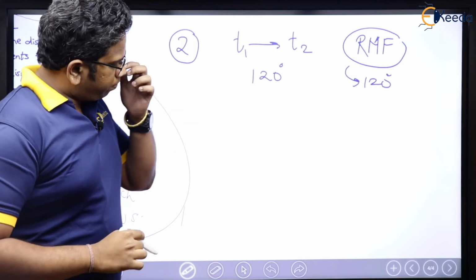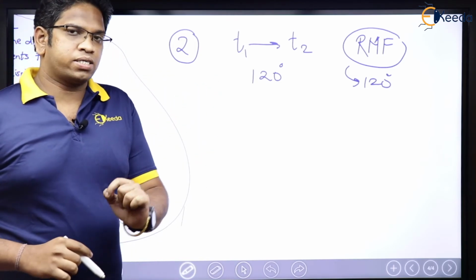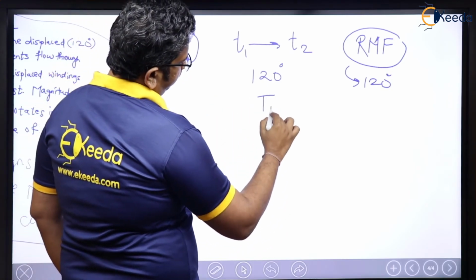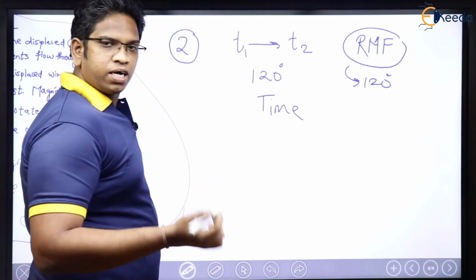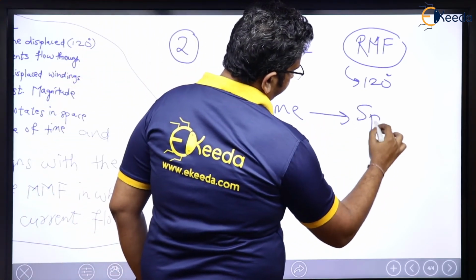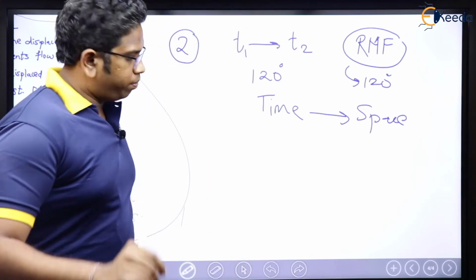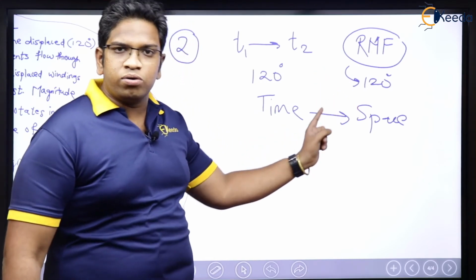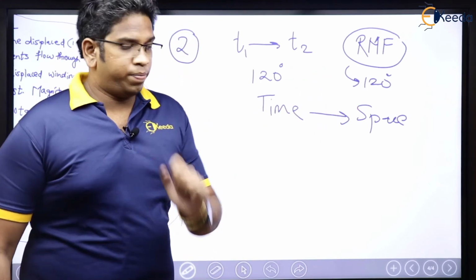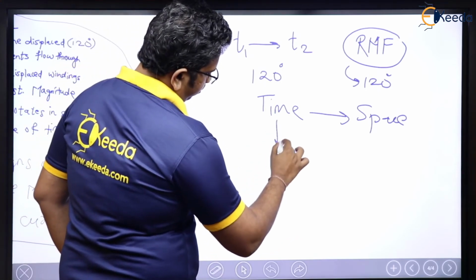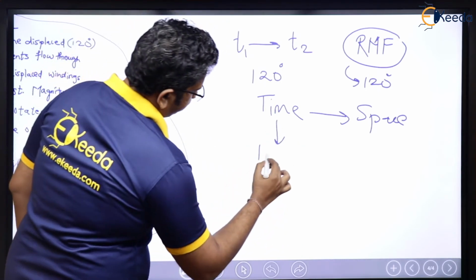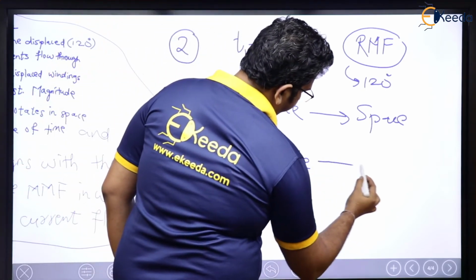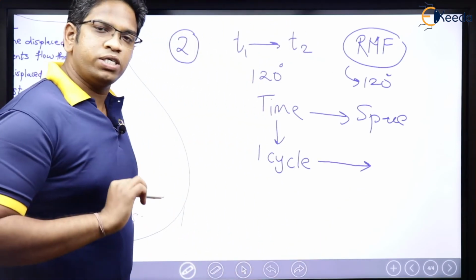Now you tell me, the moment one cycle gets completed, from time to space. This is time and this is space. 120 degrees were completed in time, and 120 degrees of rotation was completed in space. So in time, if I complete one cycle, then in space I will complete one rotation.